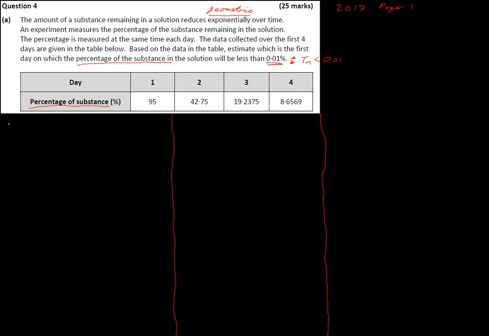So I'm opening up page 22 in my log tables because I've recognized that I've got a sequences and series type question, and I want to have all of the different tools that I have available to me in front of me.